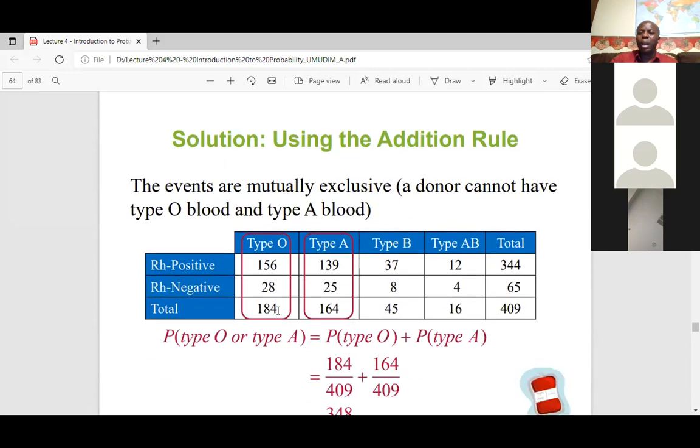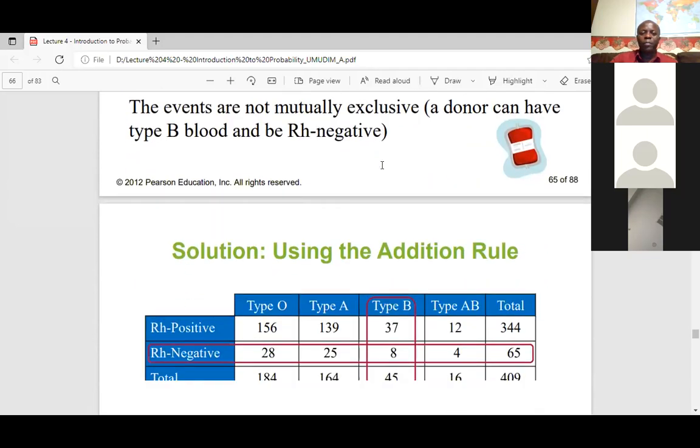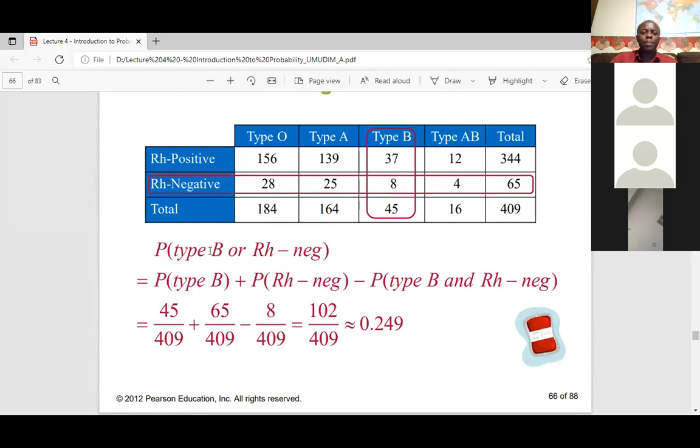That's why we say that they are mutually exclusive. But this one, they can, because you can get somebody who is type B and at the same time is RH negative. So in that case, the formula now becomes: type B or RH negative equals type B plus RH negative minus type B and RH negative. This is simply a reflection of the formula I wrote here for you.